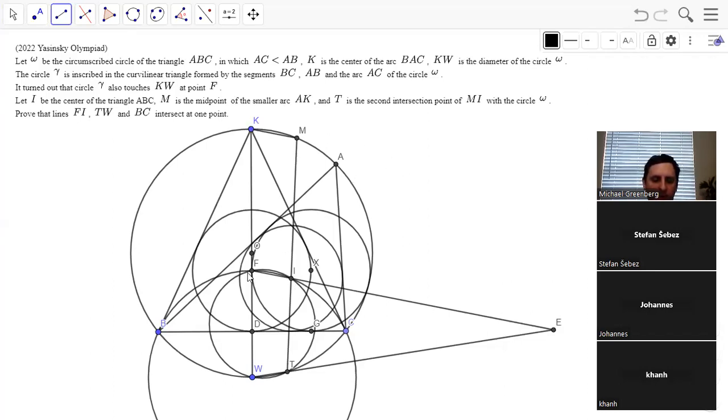And then this angle, IFK, let's see. Okay, so how do we find angle IFW?